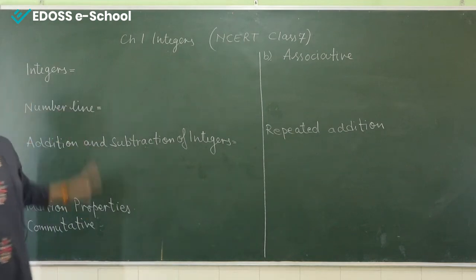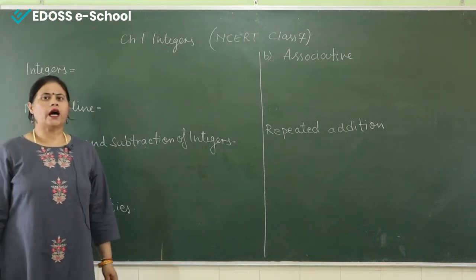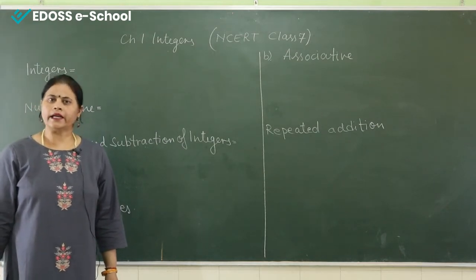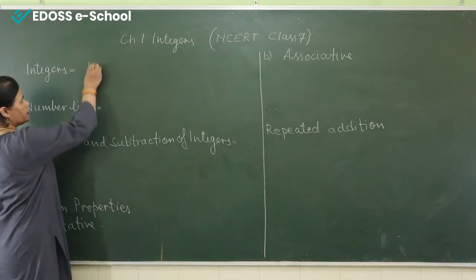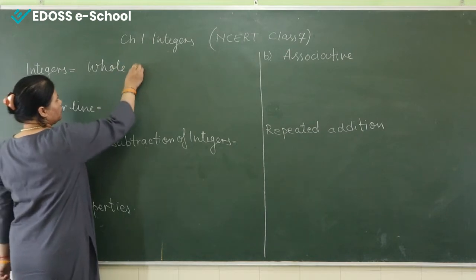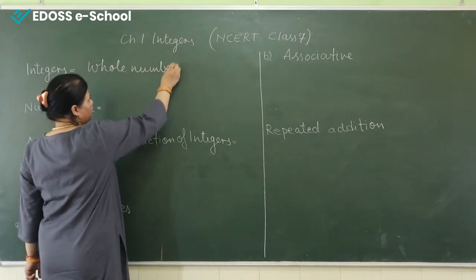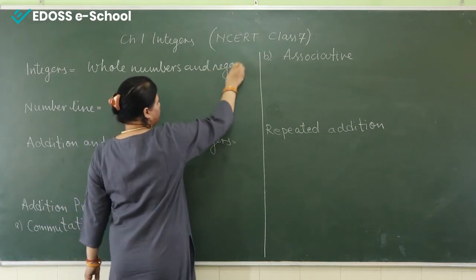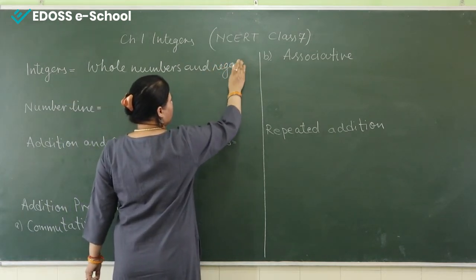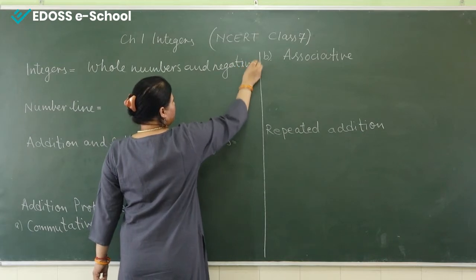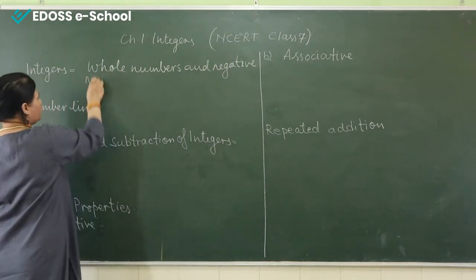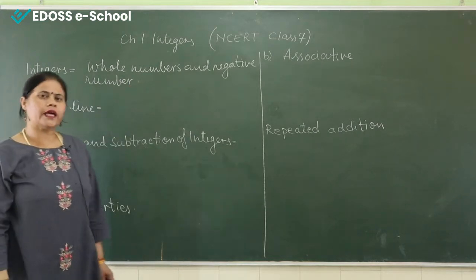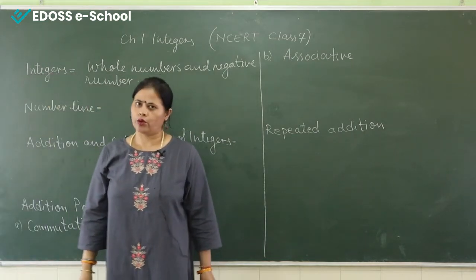So first of all we are talking about the integer. What are integers? Integers are the whole numbers and the negative numbers, or you can say the positive numbers and the negative numbers with 0, right?